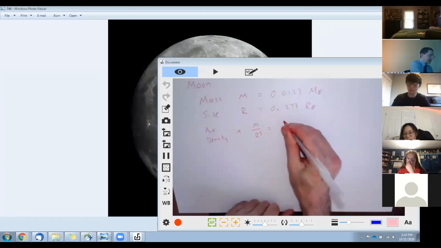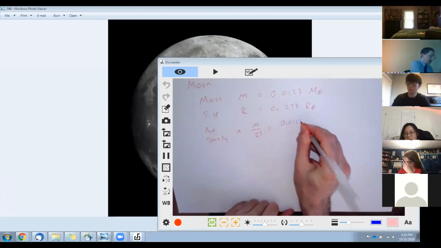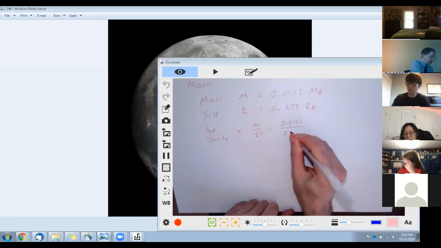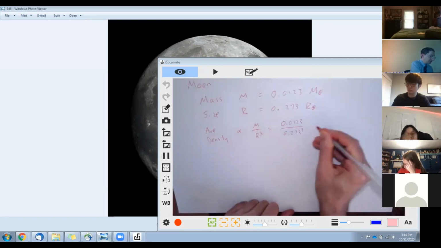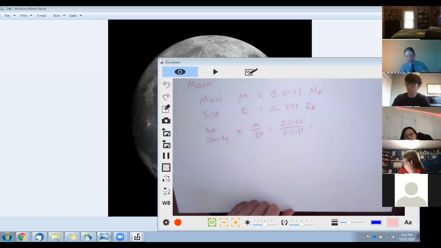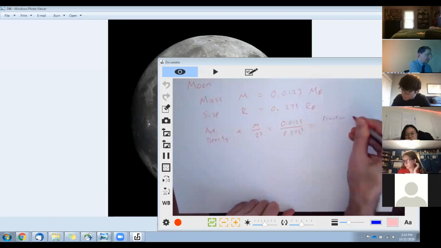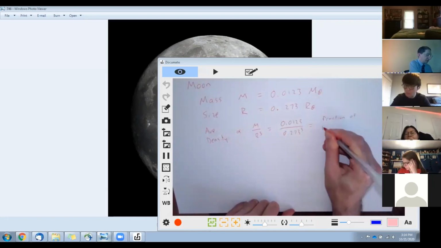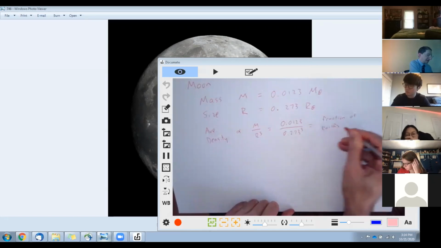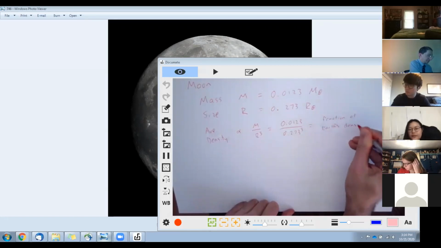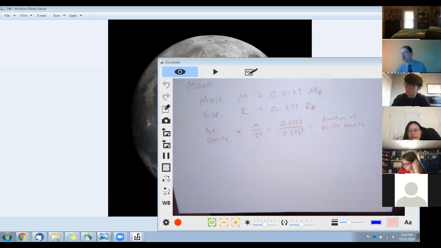So let's see, mass is 0.0123 divided by 0.273 cubed. And I actually didn't calculate that out, but just in words, that is the fraction of Earth's density. Whatever that number is, it's the fraction of Earth's density the moon is.